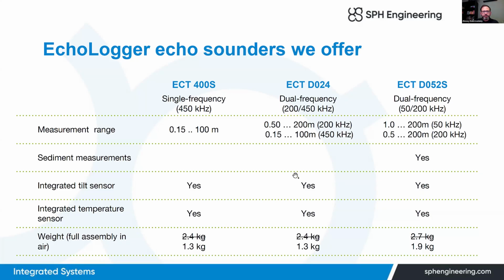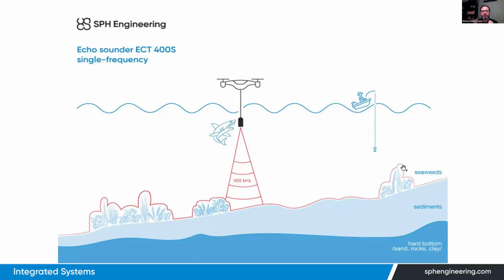What is the purpose of different sensors with different frequencies? A single beam, single frequency echo sounder with frequency 450 kilohertz has the best resolution. It is not a very expensive sensor, but when we use it in real life, sound with such high frequency will be reflected even from the vegetation on the bottom.